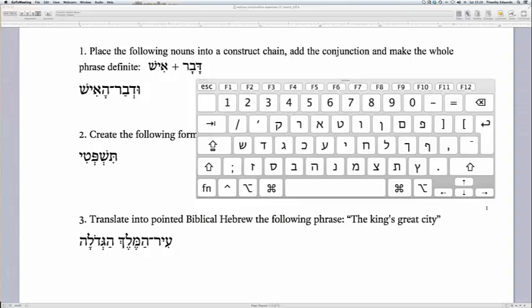Next one: what is the learning curve on learning the keyboard? That is a good question. Obviously, in the I Know program, you have to type the consonants when you're learning the vocabulary. You will find that the consonants come very quickly, because you should be doing that daily with I Know. The vowels take a little bit longer, but the learning curve depends on how much time you spend typing.